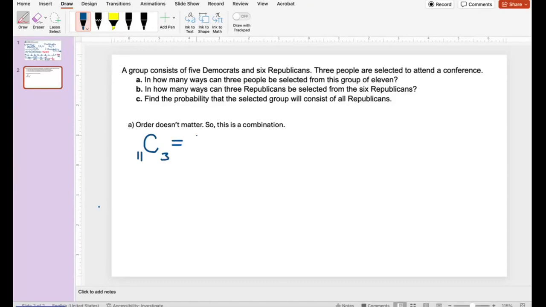Now, for this one, the formula is n choose r. It's always n factorial, divided by n minus r factorial, and then r factorial.